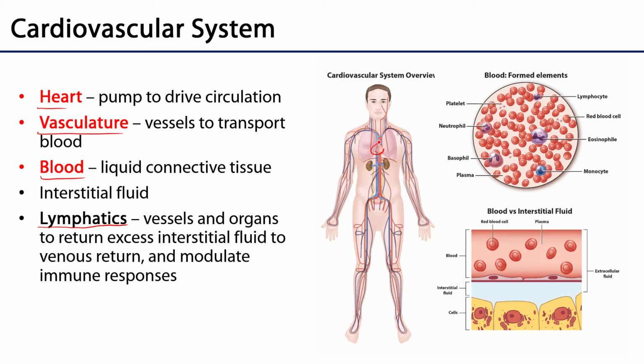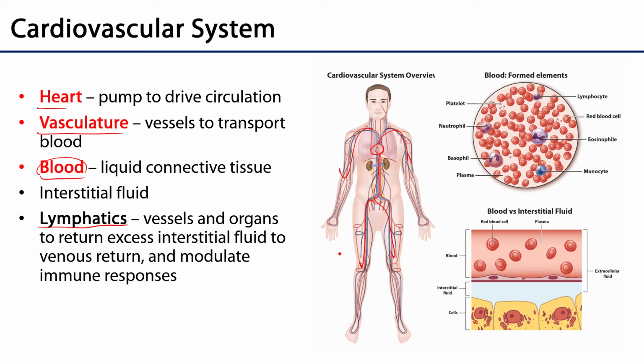So the heart is the pump that pushes the blood through all of the vasculature to deliver oxygenated blood and nutrients to metabolically active tissues and to retrieve waste products, metabolites, back to the appropriate places for removal from the body, such as the respiratory system or the urinary system, etc.